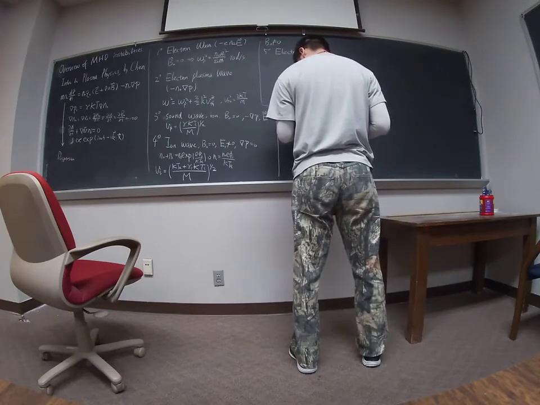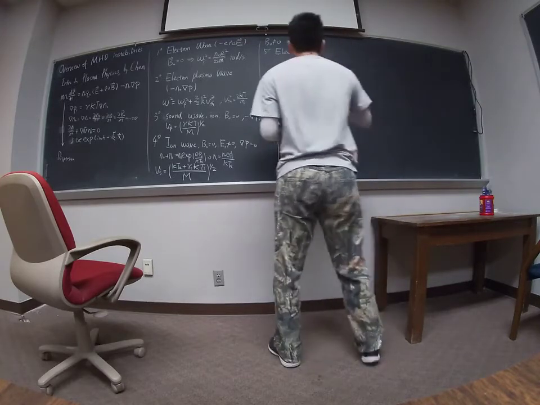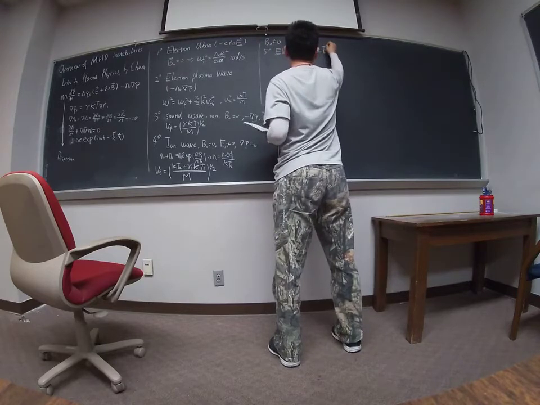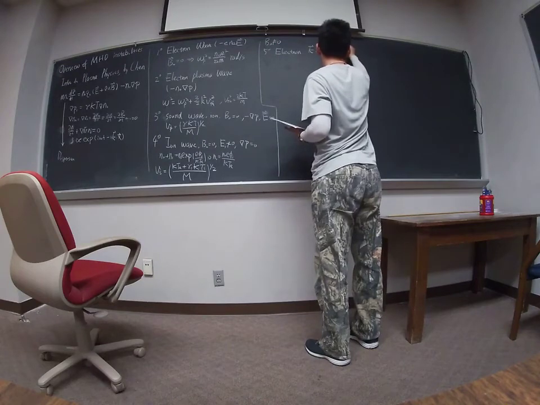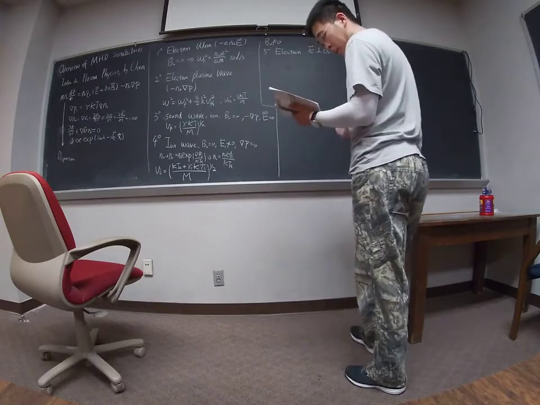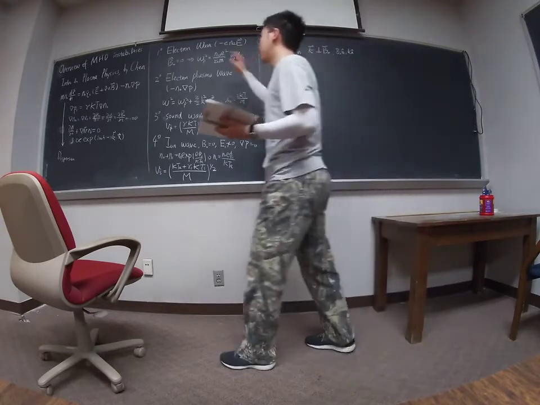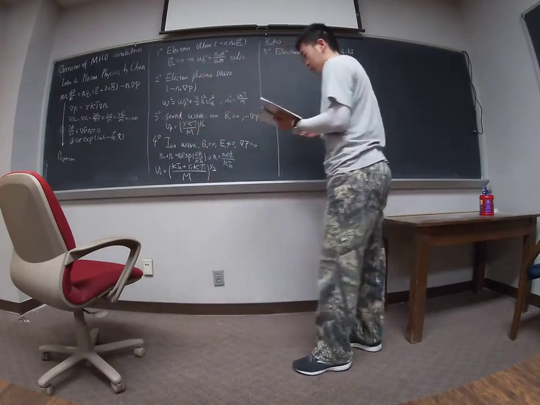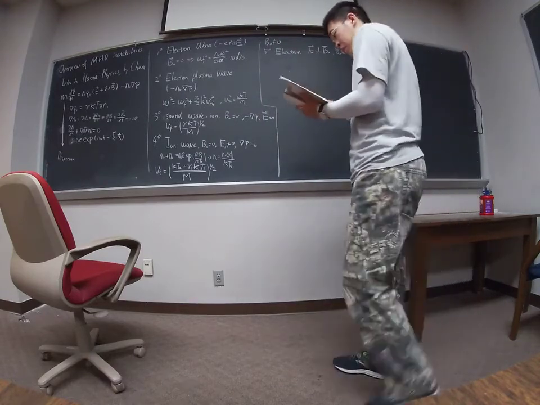We assume B naught is in the Z direction and k is in the X direction, just for simplicity. Instead of the one-dimensional solution, from equations 1 to 4, we will have a two-dimensional equation.